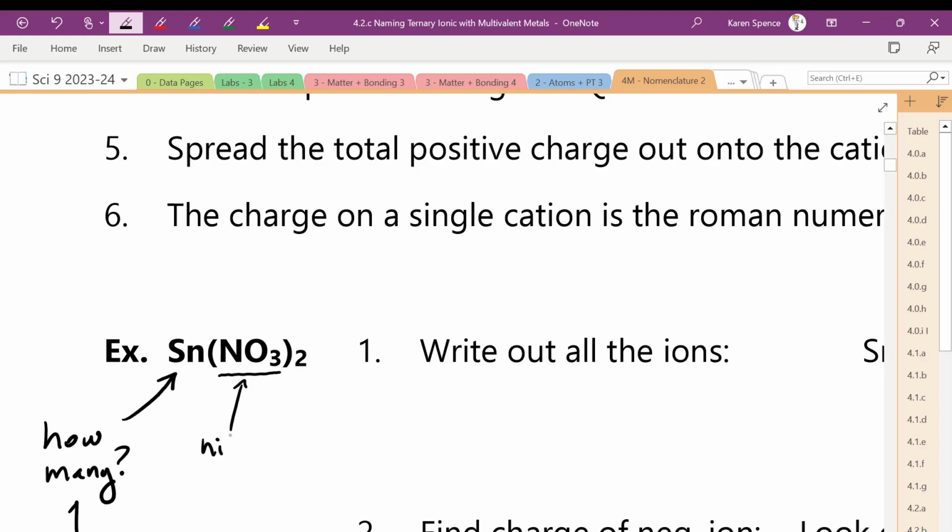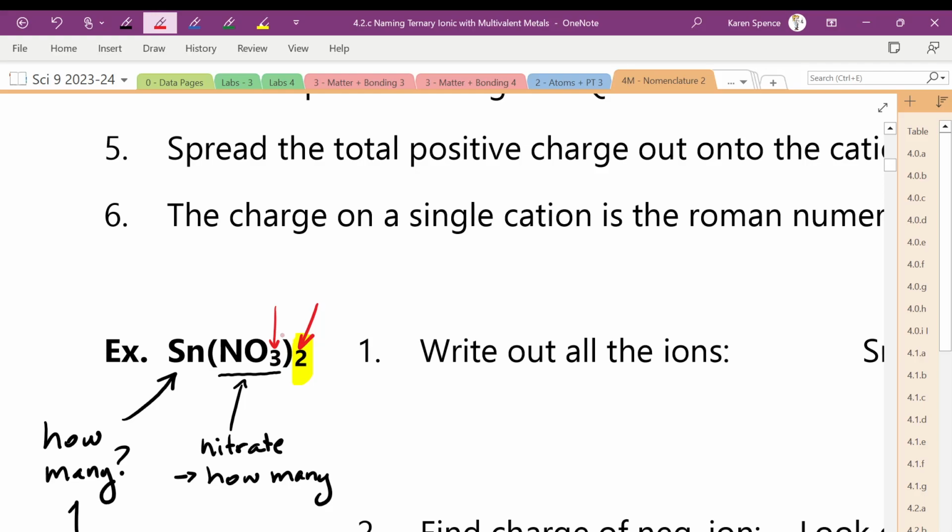Nitrate. And you can ask yourself, again, how many? And this is where it can get a little bit tricky, is that we have two nitrates. Now, what if we have two nitrates, what is this 3 doing here?